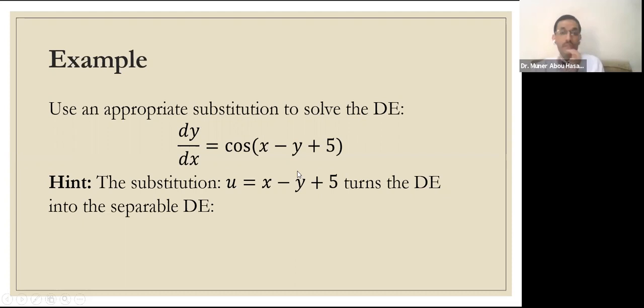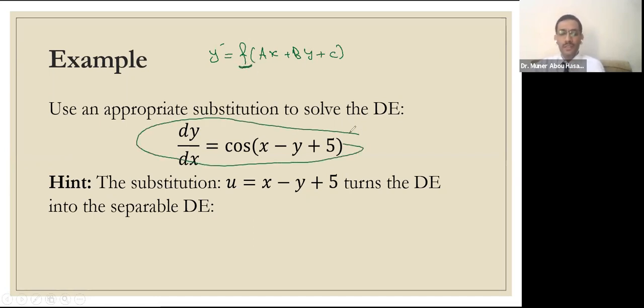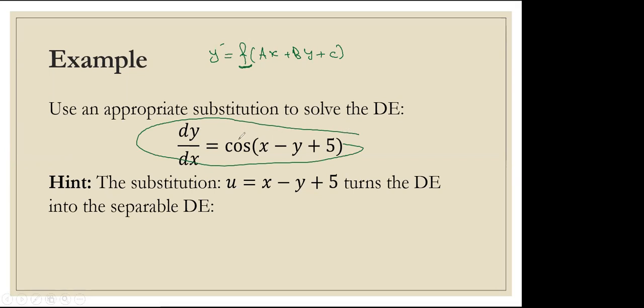Now, the new method: if you have a differential equation of the form y prime equals f of ax plus by plus c. Where is my f in the differential equation here? Where is your f? Sine function? It's cosine.